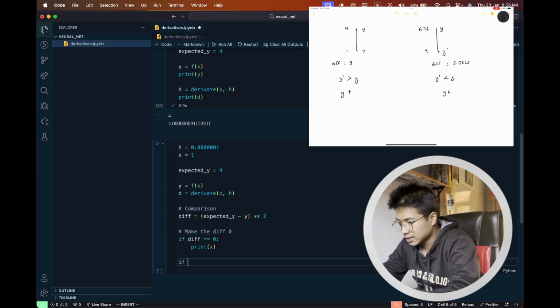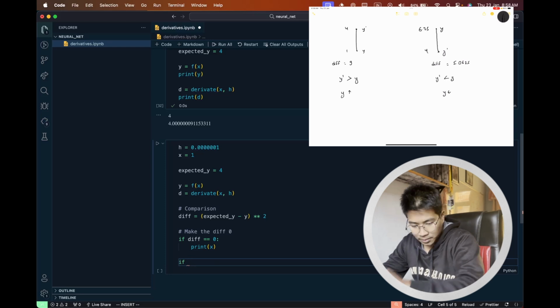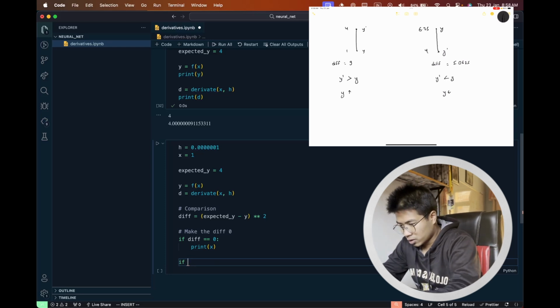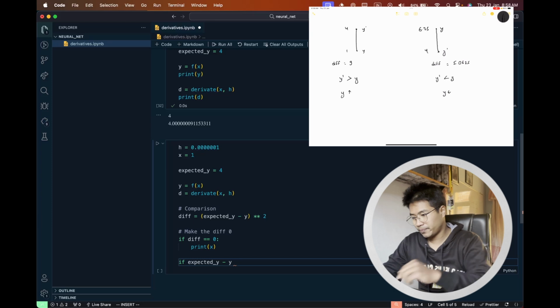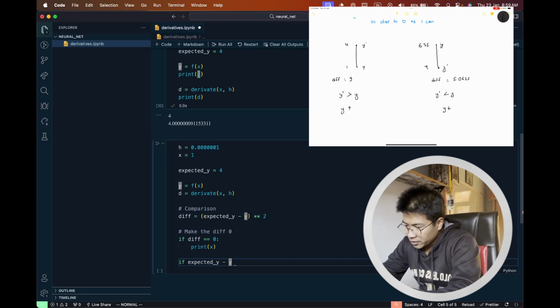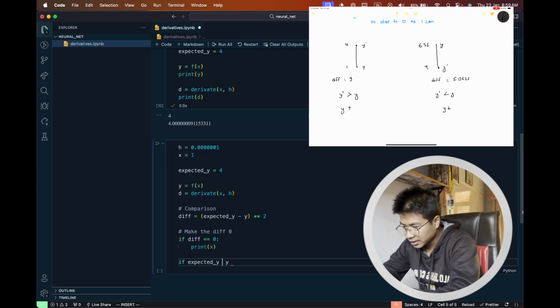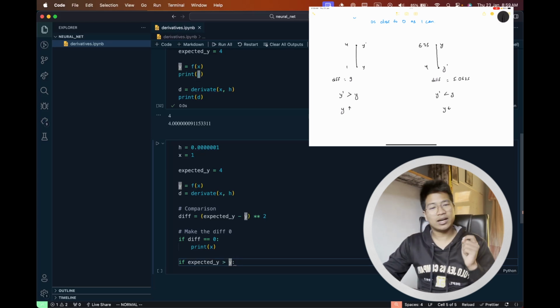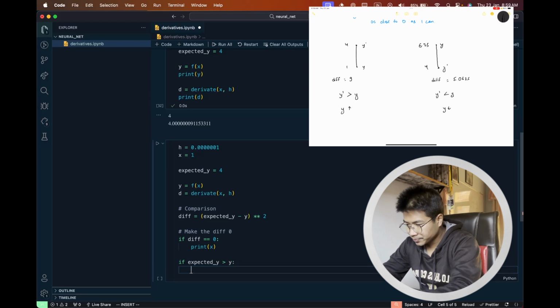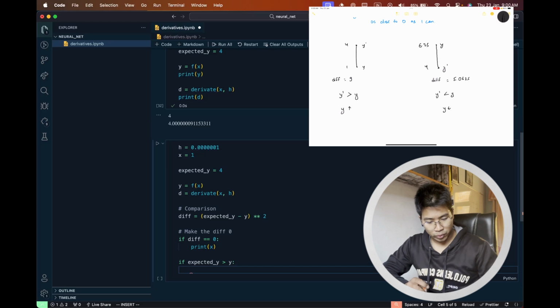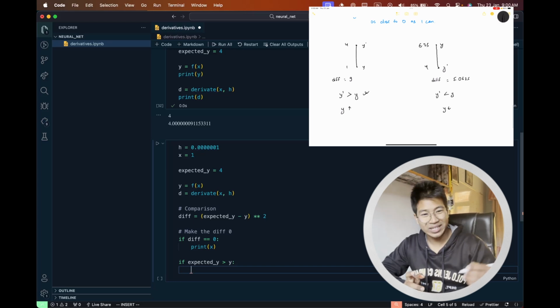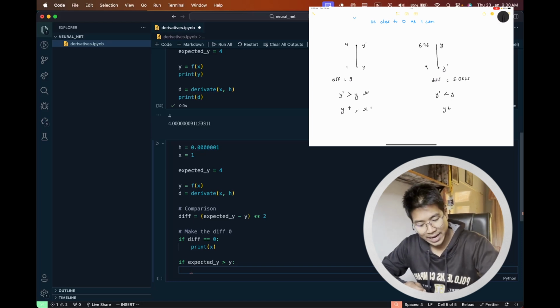The way that is done is if, okay, if your expected y minus your y value is a positive number. So what you want is, if your expected y value is greater than your y value, right, then what that means is you basically want to increase your y value, which means you want to increase your x value.